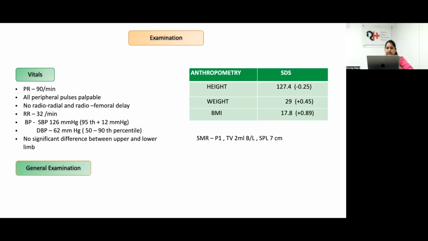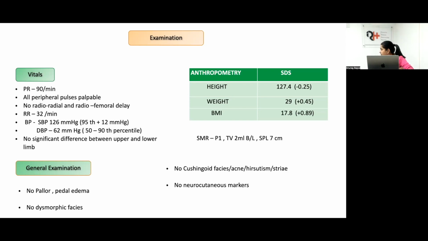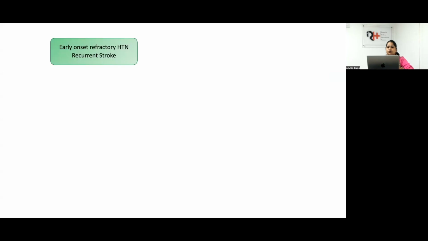On the general examination, there was no pallor or pedal edema, no dysmorphic facies, no Cushingoid facies, acne, hirsutism, or striae. There were no neurocutaneous markers. There was no organomegaly or ambiguous genitalia. So we have a boy with early onset refractory hypertension taking 3 or 4 antihypertensive medicines.